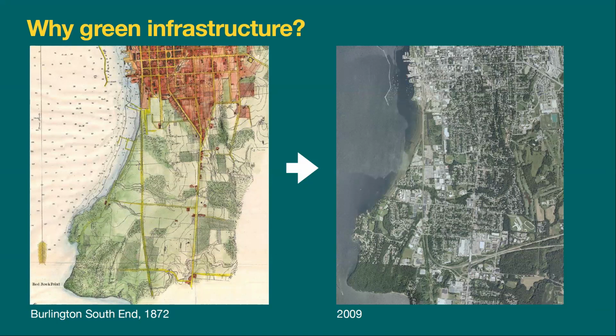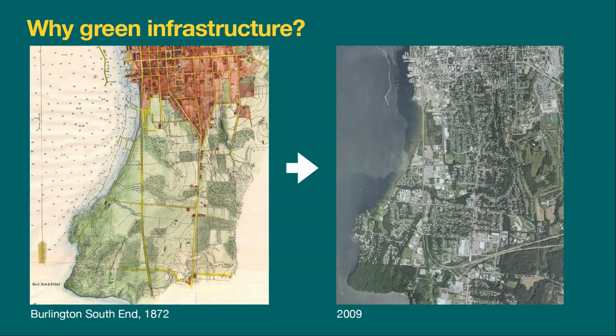There's not as much floodplain access for water to reach its floodplains and spread out, and it's channeled and conveyed in a more direct way that causes more erosion and impacts the health of our streams and our lakes more severely.